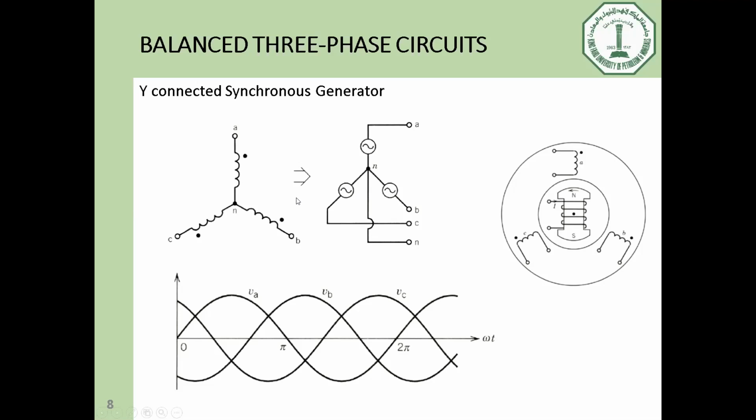However, when we connect these three sources in this configuration, connecting the ends of all three coils together in a point called the neutral point, we call this connection a Y connection or star connection. In this case, the voltage for each coil is named the phase volt, and the volt between two terminals, A and B, or B and C, or C and A, is called the line-to-line volt.